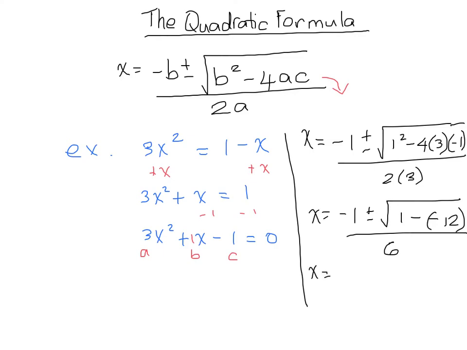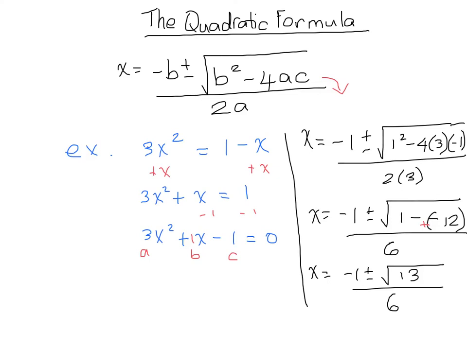So x is equal to negative 1 plus or minus the square root of this plus negative just means we're adding here. So 13, 1 plus 12 is 13 over 6. And at that point, I do believe we're done.